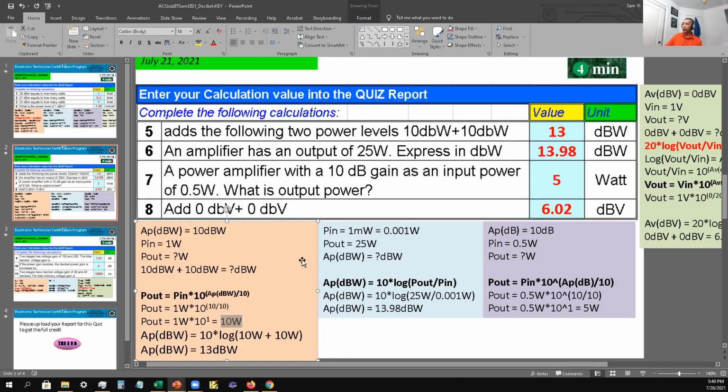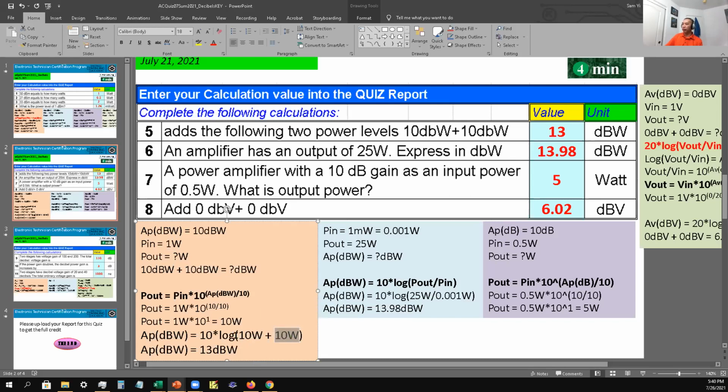Now we put it back into the equation. Now we can double right here to do two of them, because we got 10 plus 10. So therefore I can do both of them inside the parentheses when I do the log. So P in dBW equals 10 times the log of the quantity 10 watt plus 10 watt.